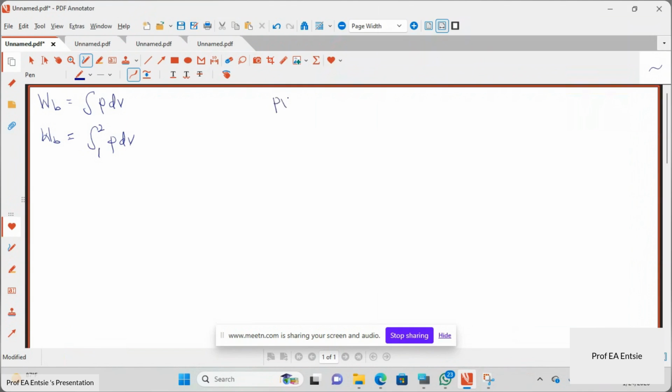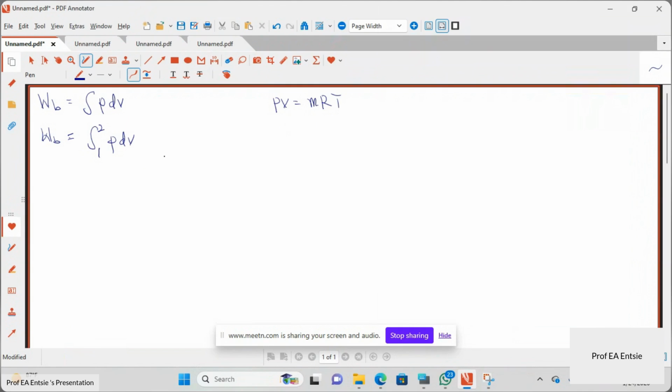But we all know that for an ideal gas, it is PV = mRT. In some cases they will give you the R straight away. Sometimes too, they will give you the universal gas constant, then you need to find the gas constant yourself.